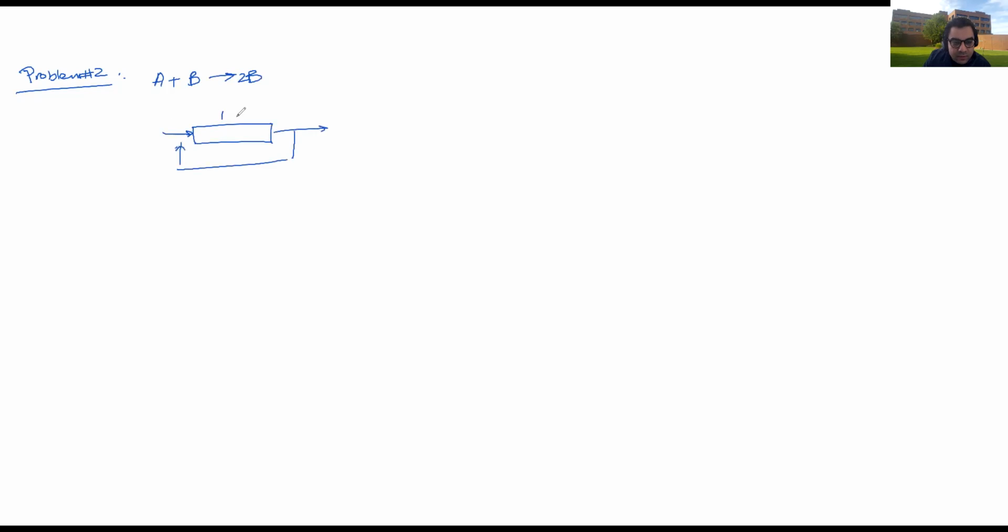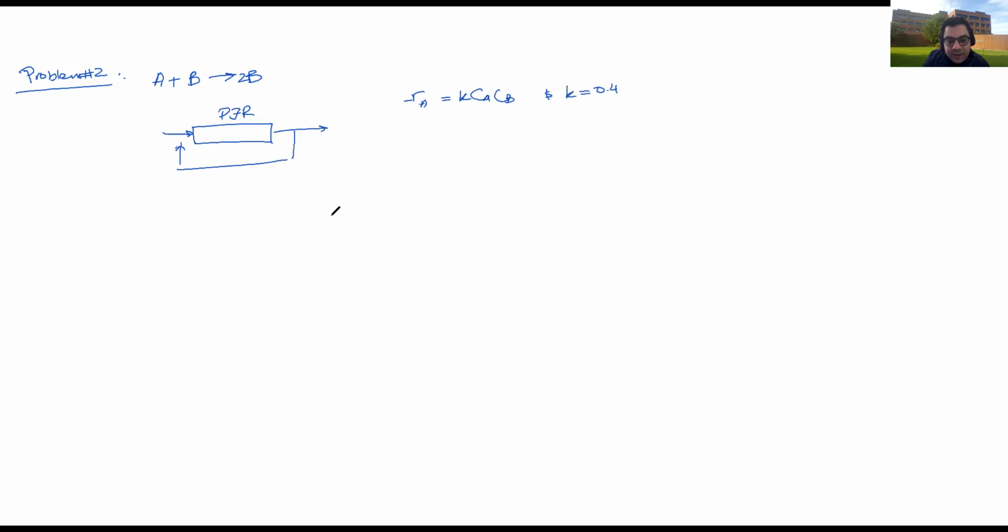And this is the PFR, and you're given some kinetics, so you're being told that the reaction rate for the system is k CA CB, and k is 0.4 liters per mole per minute, right? So you're being told that minus RA is equal to k CA CB, and that k is equal to 0.4.